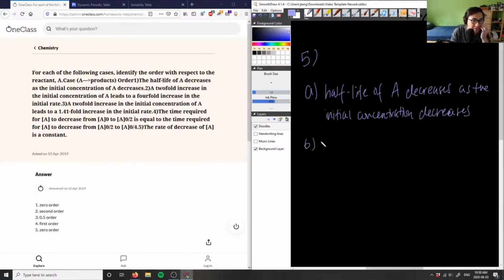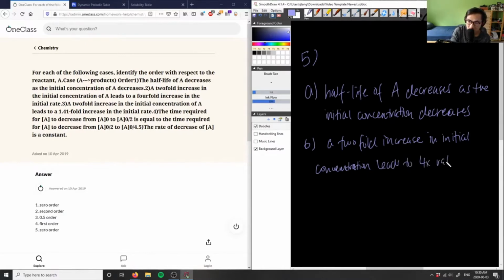B here says a twofold increase in initial concentration leads to 4 times the rate.